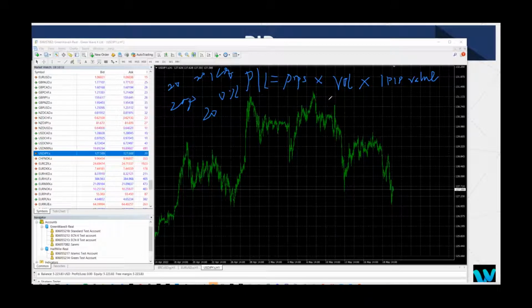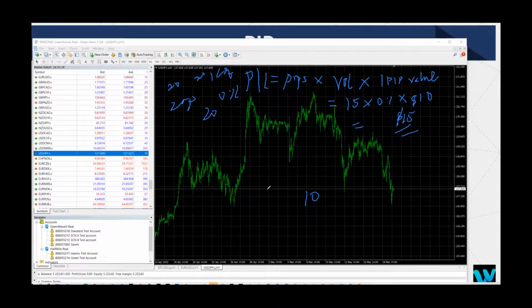But let's assume that we're using $10 for one pip. So if I trade Euro US dollar, and let's say I make 15 pips, and I use 0.1 lot, then multiply by $10, which is the pip value. So I'm going to make $15. That's how the profits are calculated. And let's say I lose 10 pips.